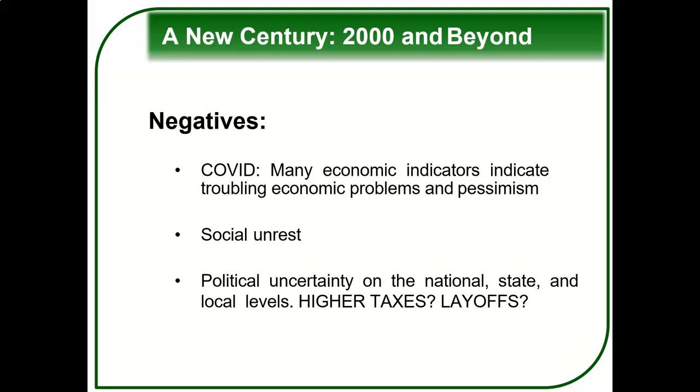We know some of the negatives. We've talked a lot today about COVID. We've mentioned the social unrest. And from those things comes a political uncertainty that covers all areas of government, national, state, and local.